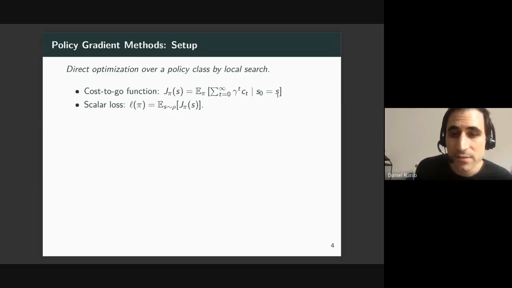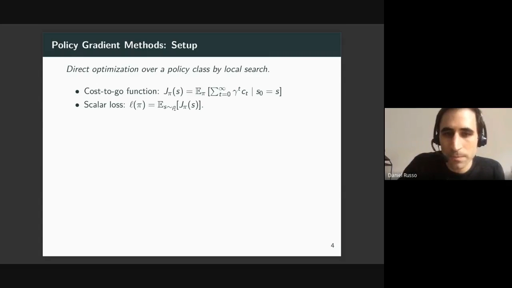It minimizes it from every single initial state simultaneously, somehow solving a multi-objective problem. For what we'll discuss here, it's helpful to instead think about a scalar loss, which treats the average expected cost-to-go under an initial state drawn from some initial distribution rho.